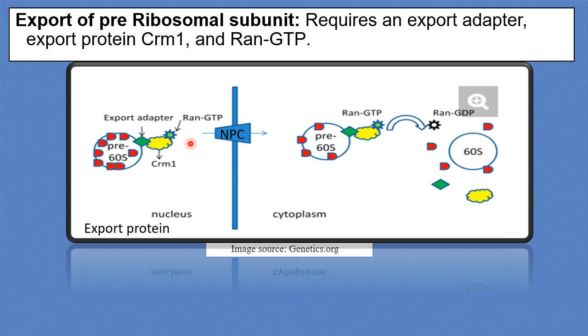When RAN-GTP binds to this complex, it mediates their transportation across the nuclear pore complex into the cytoplasm. And when RAN-GTP is hydrolyzed into RAN-GDP, it releases the 60S subunit in the cytoplasm. In a similar manner, the 40S subunit is also exported into the cytoplasm.